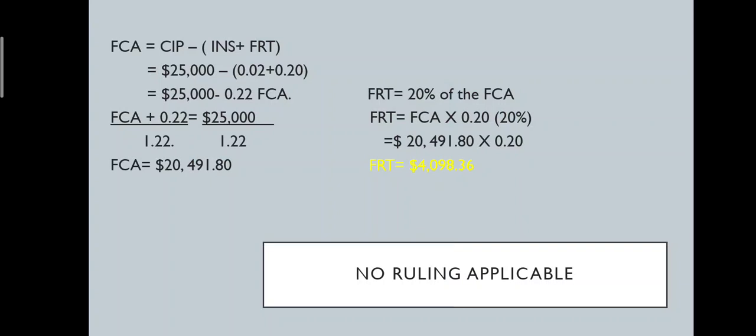Kay ang FCA na siya usa one nga value. So mao nang 1.22. So ato siyang i-divide, dayon na natay FCA nga $20,491.80. So magkuha na sad ta sa freight.